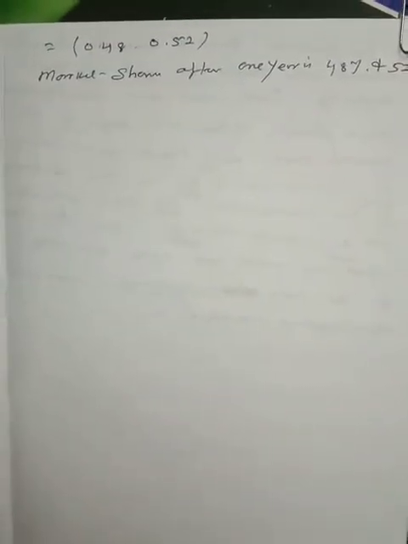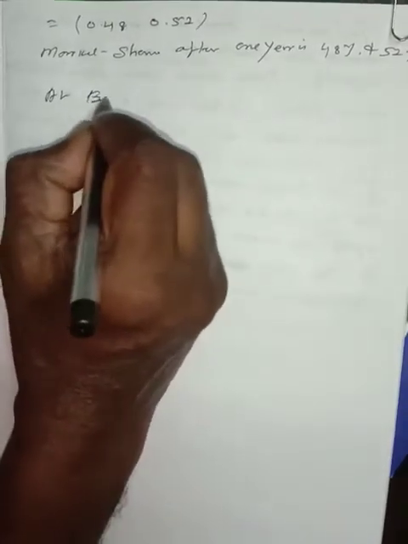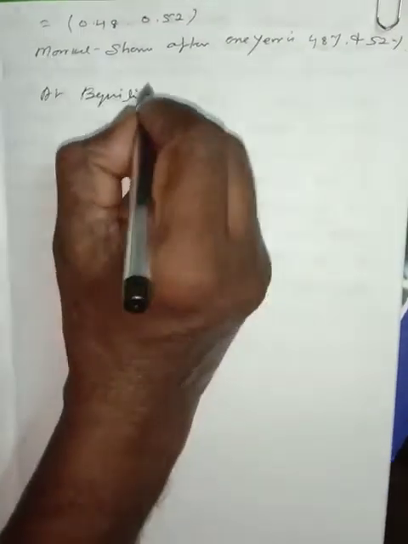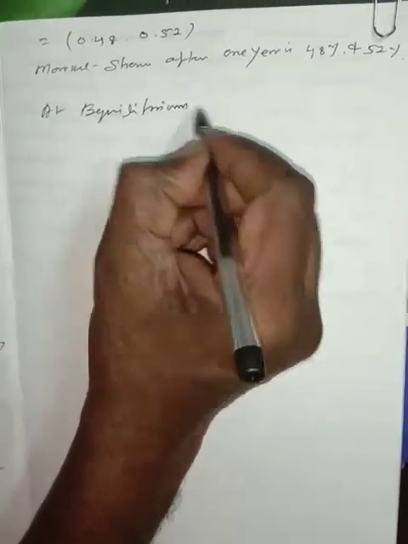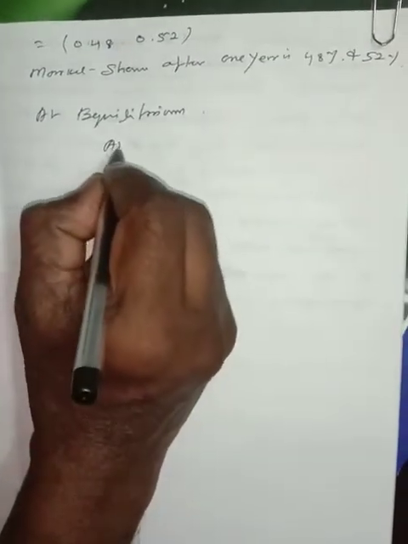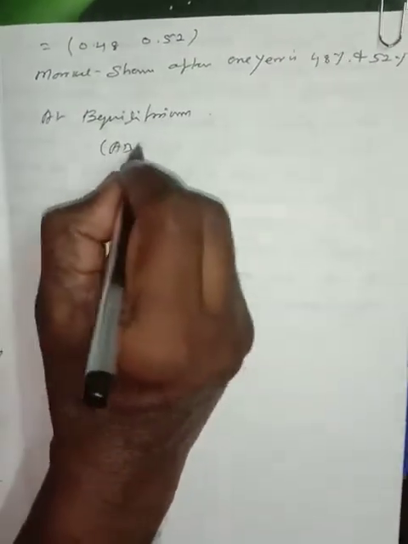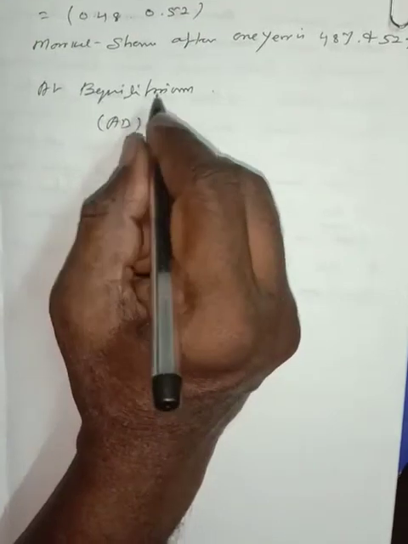Next, AB times the transition matrix T is equal to AB.